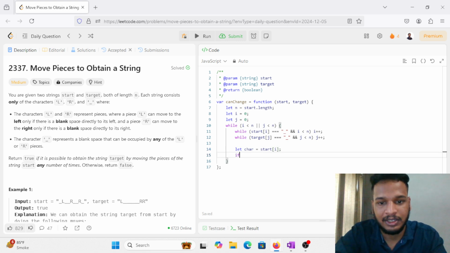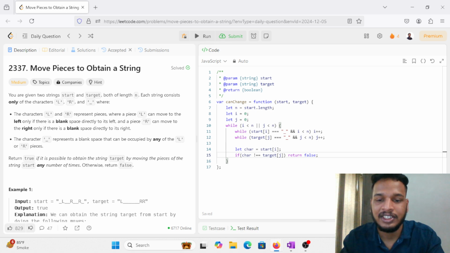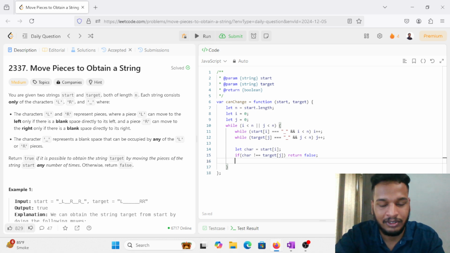Now our main conditions come. If my character is not equal to target of j, I have to return false. If I got left and the target is right, I have to return false. If the char is equal to L and my j is greater than I, then we have to return false.